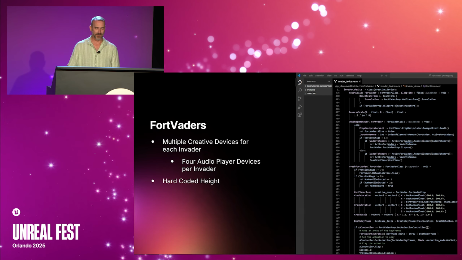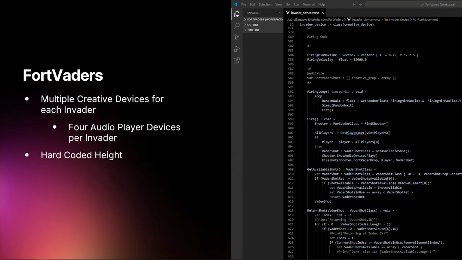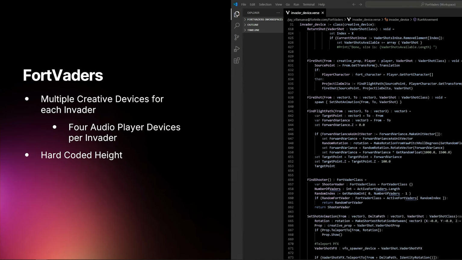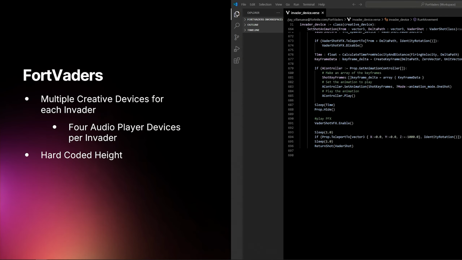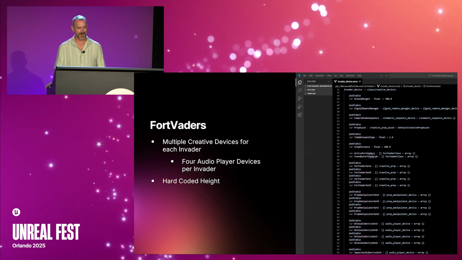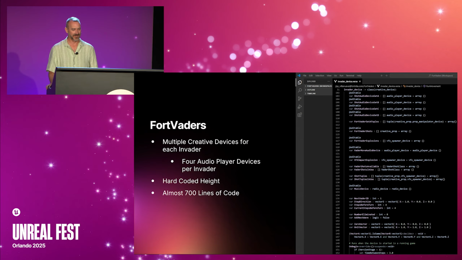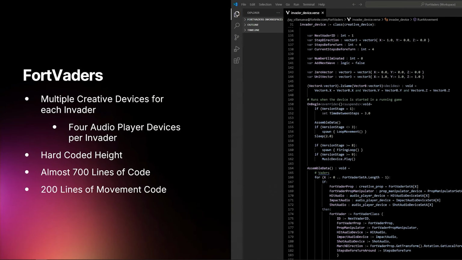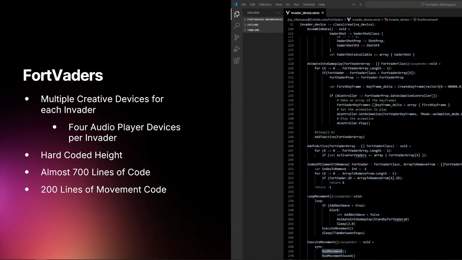The invaders are hard-coded. Their height is hard-coded. Since creative devices don't have collision detection, he needs to know how far they fall exactly before hitting the floor to play the effect. And so it's almost 700 lines of code for this little example, and 200 of that is just movement code.